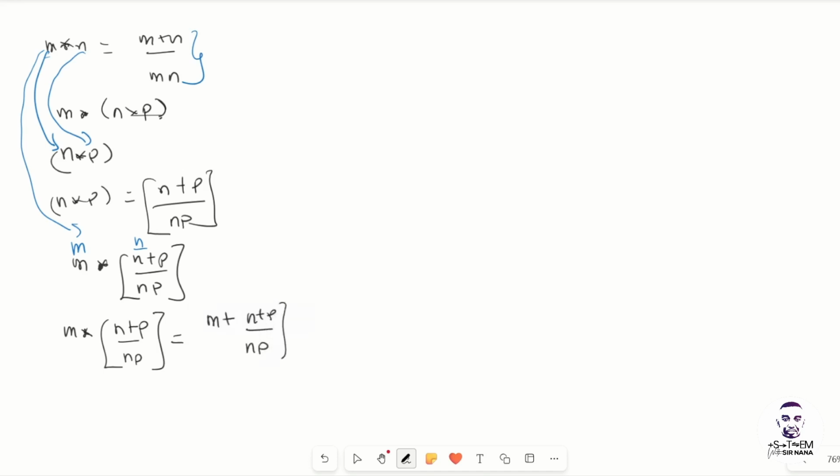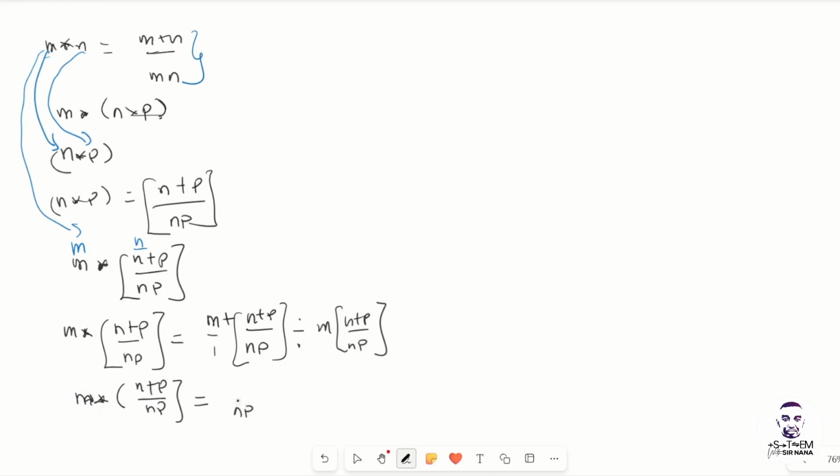This time we are familiar, so you can write it this way and bring our division sign, that is the all over here. So we'll have our m multiplied by m plus p all over np, right? So when you are simplifying this, m operation n plus p all over np will become, here we will have m over 1.